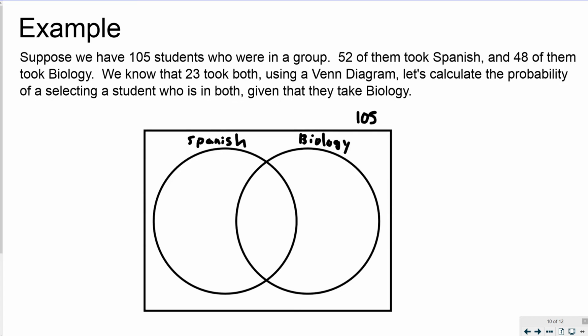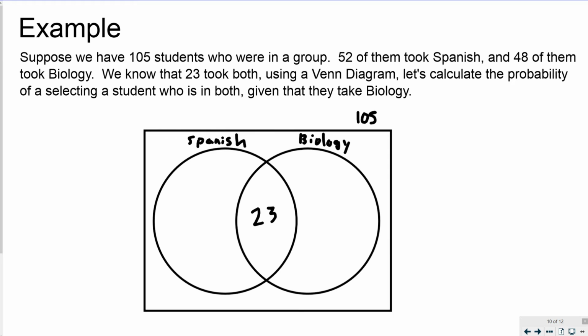So in the middle goes 23, and you need to start with the both calculation here, because the 52 taking Spanish represents the both and the people who only take Spanish.